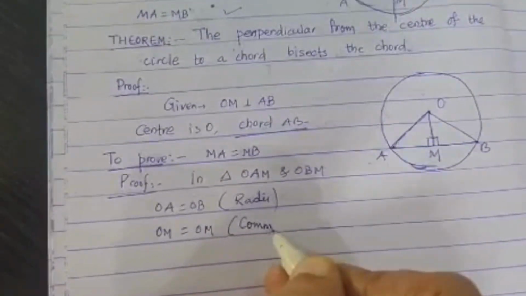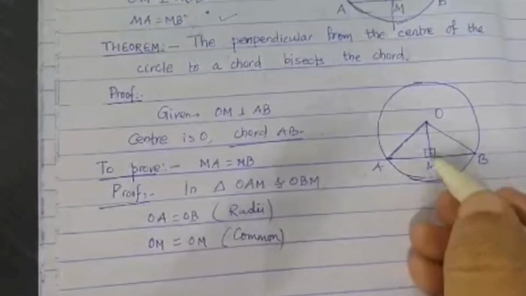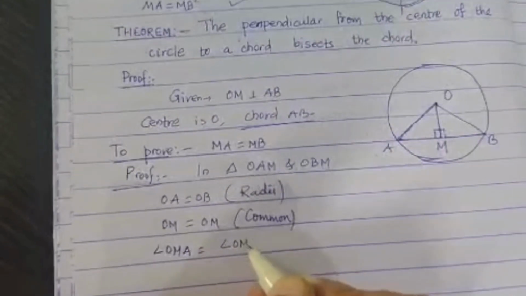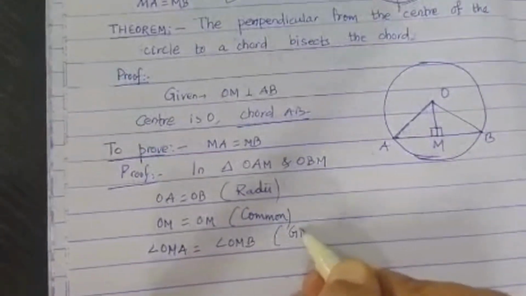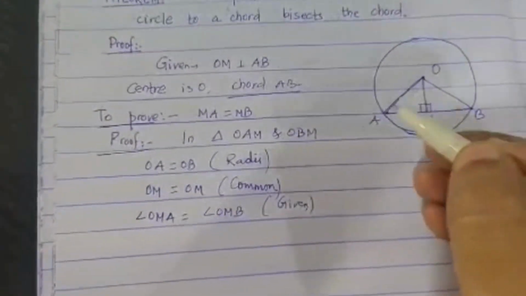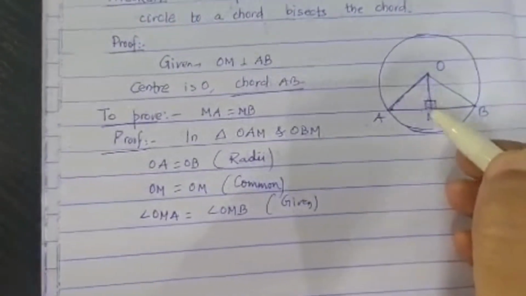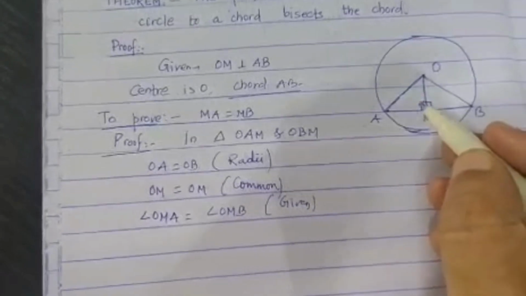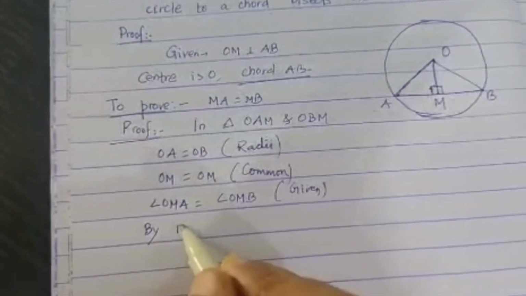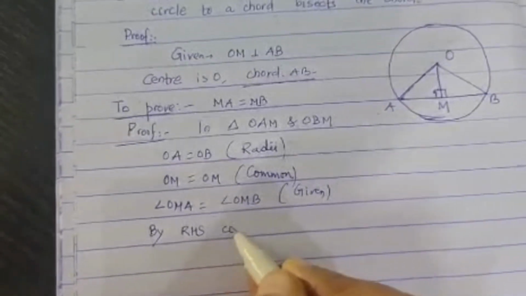And angle OMA is equal to angle OMB. It is given. Now we can say these sides are equal, this side is common, so by RHS congruence rule.